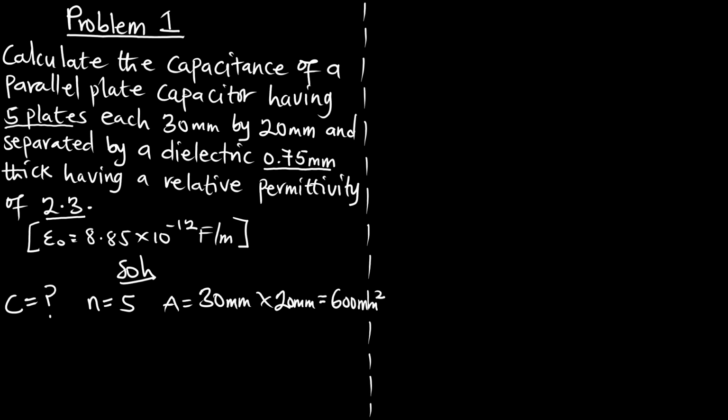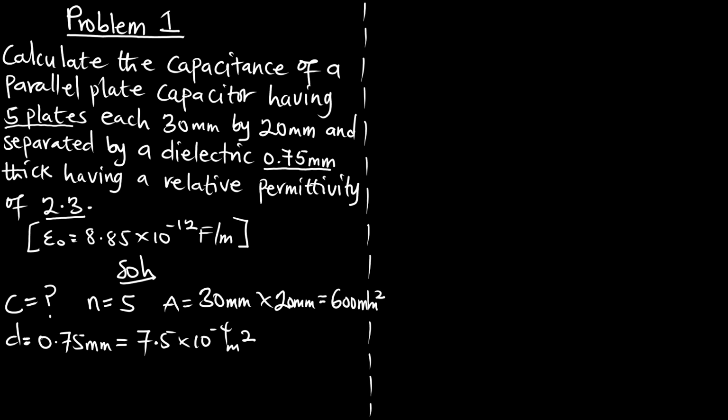Now our dielectric thickness d, which is the distance between the two plates, is 0.75 millimeters. So we have to move that to meters. The area too, we will convert to meter squared. Now we have 7.5 to the power negative 4 meter squared. For the distance, that will be in meters.